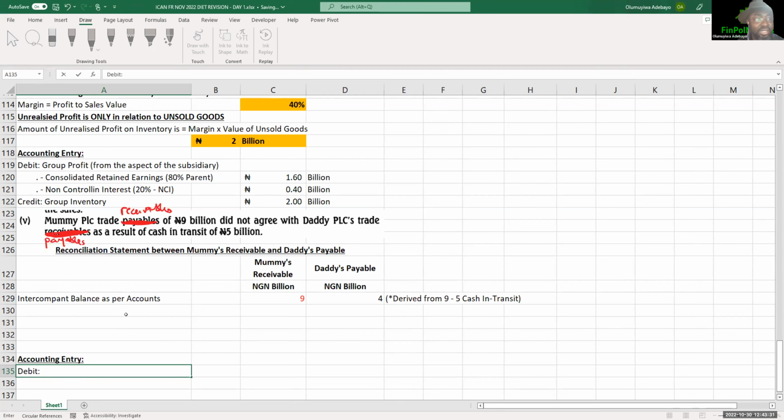Somebody said trade payable here has nothing to do with the upstream transaction. Why do you say so? What brings about intercompany trade payable and receivable? Let me give you access to express yourself so that I can explain also to you.